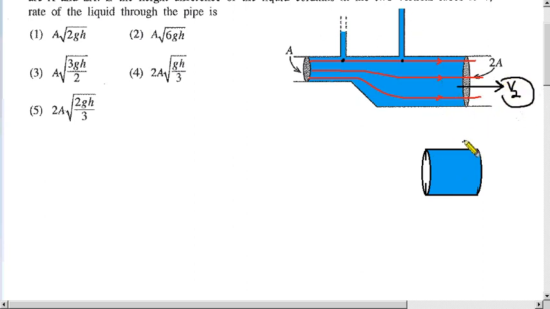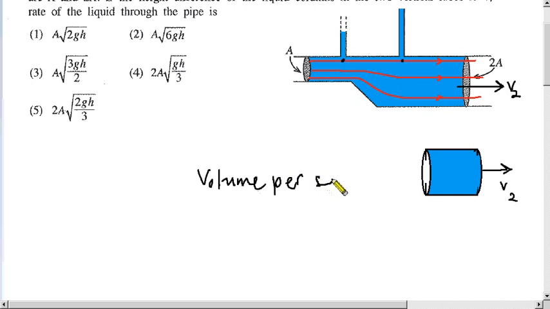So if the velocity is v2, what I have drawn here, this is the volume per second.